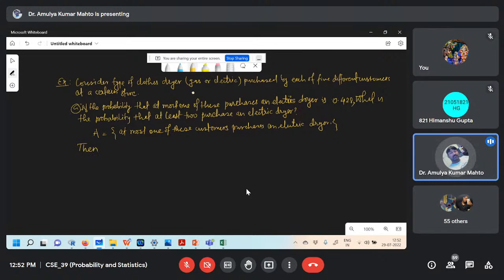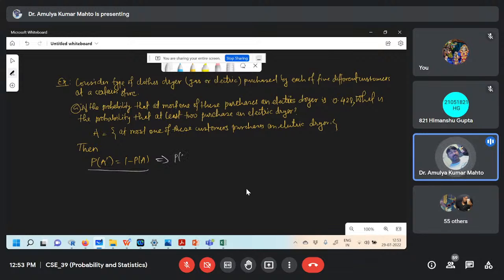is just the complement. We need to use this when these two events, that at most one of these purchases an electric dryer and at least two purchase an electric dryer, are actually complements.